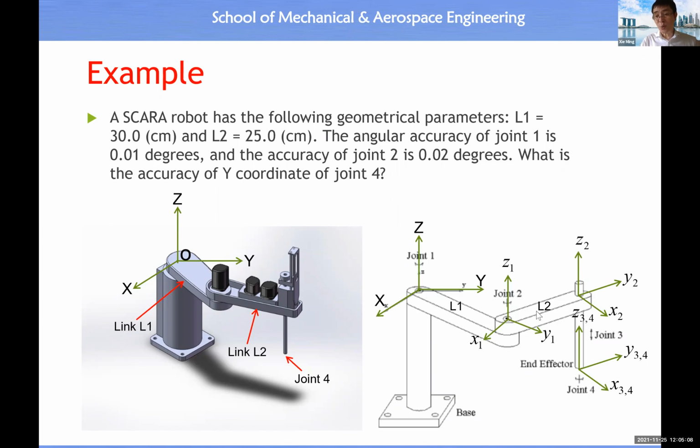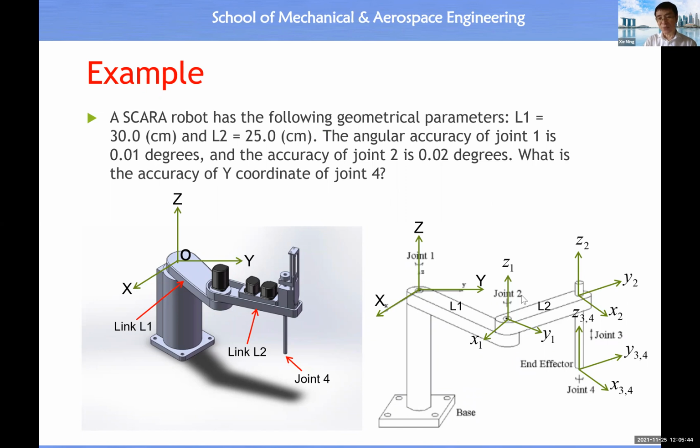Then you see link 2. Link 2's coordinate system is here. This is the coordinate system belonging to the base link. So you see joint 1 is placed at the base link, and joint 2 is placed at link 1. Joint 1 will drive link 1, and joint 2 will drive link 2, because when you rotate joint 1, link 1 will rotate together with it.